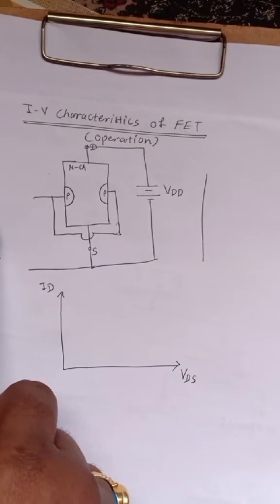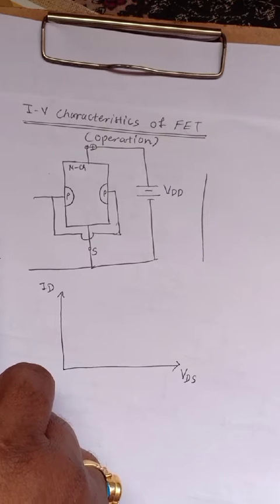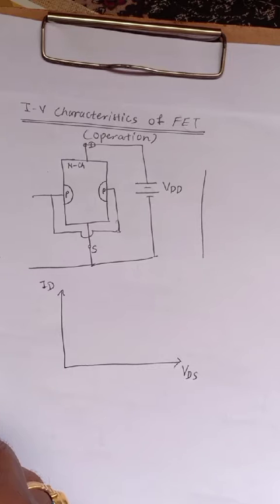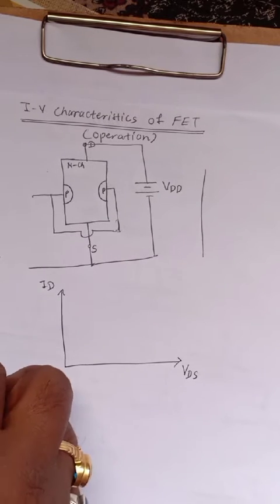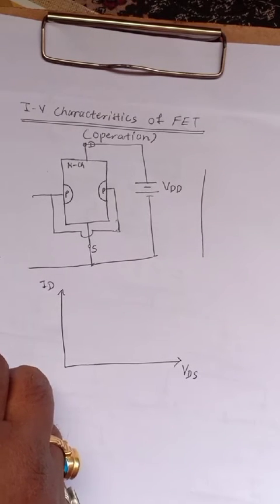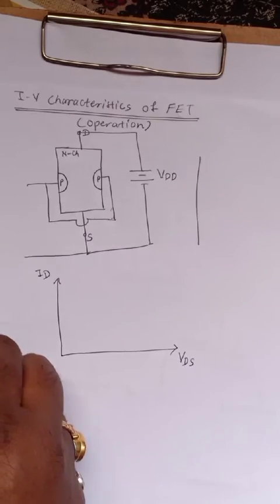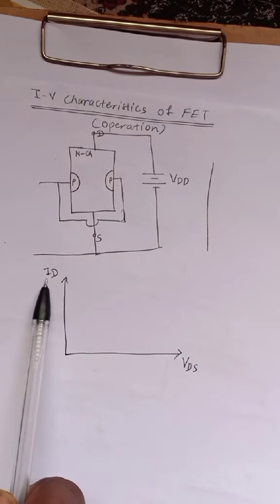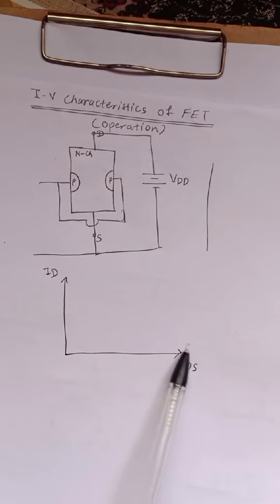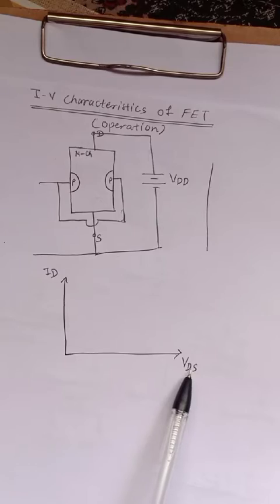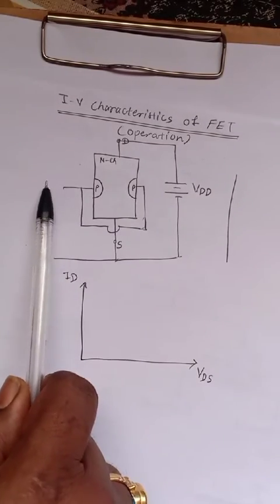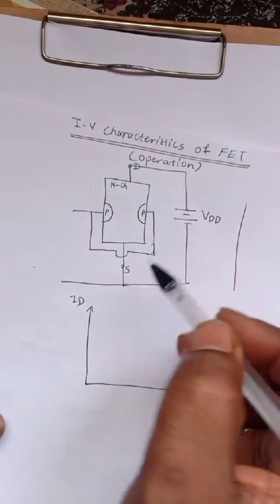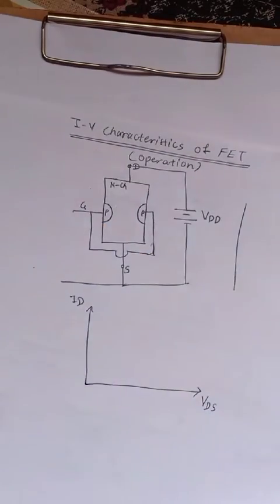Like the NPN transistor, we saw the characteristic curves, where we observed the relation between the collector current IC and the voltage across the transistor, VCE, for different values of base current IB. Here also we are going to observe the relation between the drain current ID and the voltage VDS, drain to source voltage, for different values of gate voltages. This is the drain, source and this is gate.